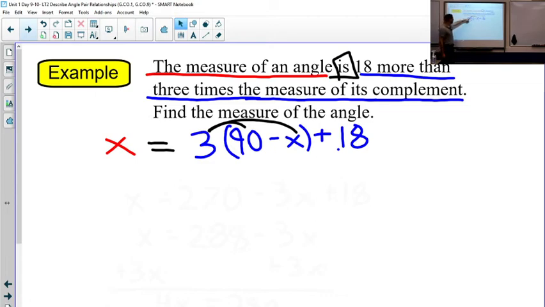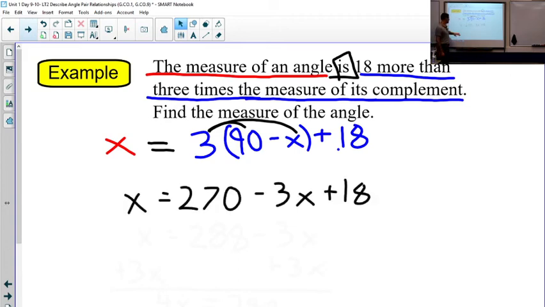And then we have a minus 3 times x, being 3x. So it should look like this. Still an x on the left side. We got a 270 minus 3x, that's distributing this, plus 18. Oh, 270 and 18, that is 288.